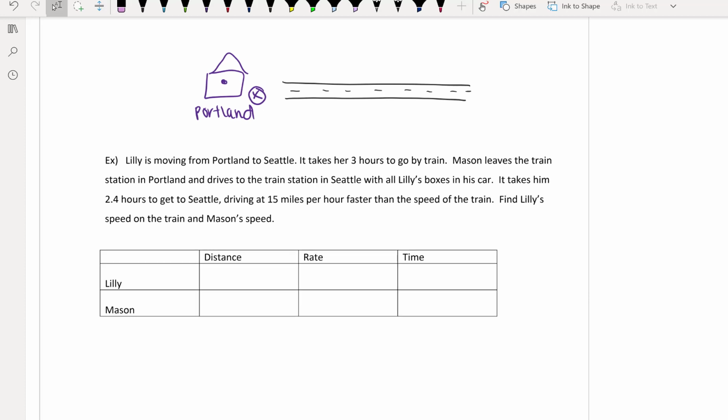And where she is going to be is Seattle. And that is going to be her destination. Her destination here is going to be the train station. So to get onto the train station, we can assume that this is also the train station, but it's a train station in Portland, and she's going to the train station in Seattle.